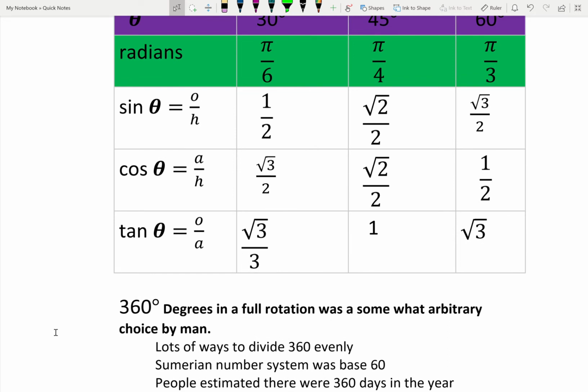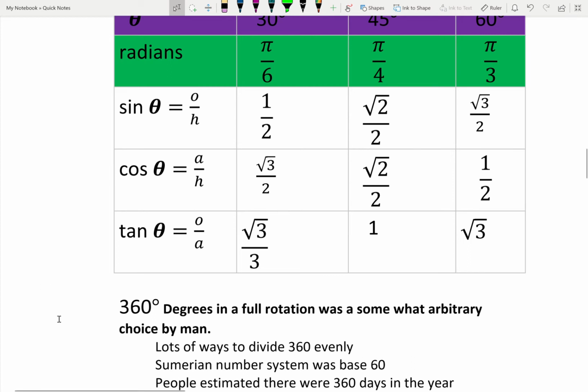People say that 360 is divisible by a lot of numbers between 1 and 10. They said the Sumerians back in the day had a system that was based on 60. They had a base 60 number system. So maybe that's why people also estimated back in the day that there were 360 days in the year, not 365. So that could have been an idea.